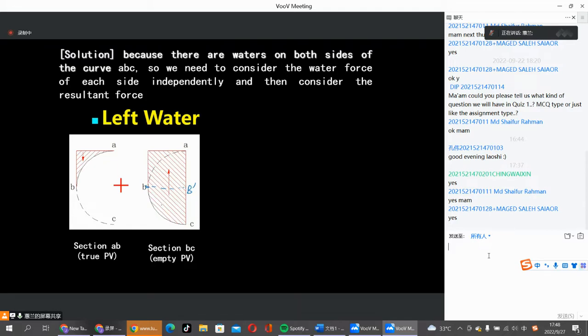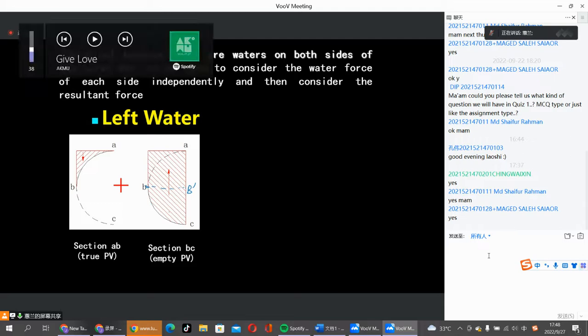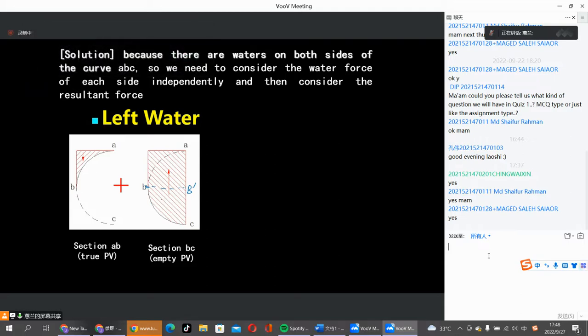But I strongly suggest you not to do this every time. Just use the conclusion directly. For curve BC, the vertical force is equal to the weight of the pressure volume, which is above curve BC to the free surface.